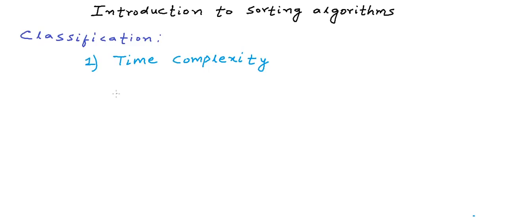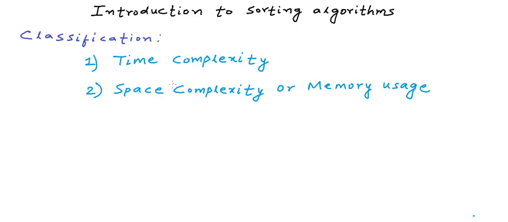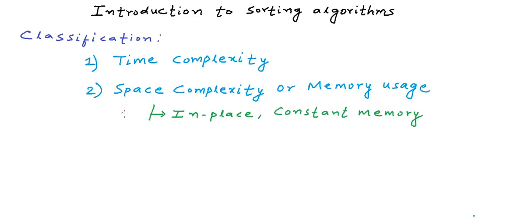The second parameter that we use for classification is space complexity or memory usage. Some sorting algorithms are in place. They use constant amount of extra memory to rearrange the elements in the list, while some sorting algorithms like merge sort use extra memory to temporarily store data, and the memory usage grows with input size.